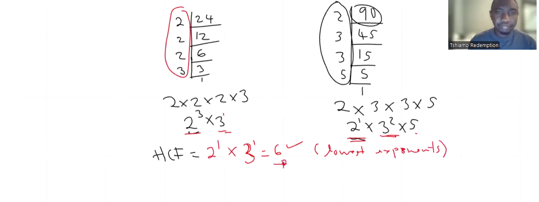So why do I take the one with the lowest exponent? Say there are maybe 2 people. This one has 5 sweets. This one has 3 sweets. I have to take an equal share.